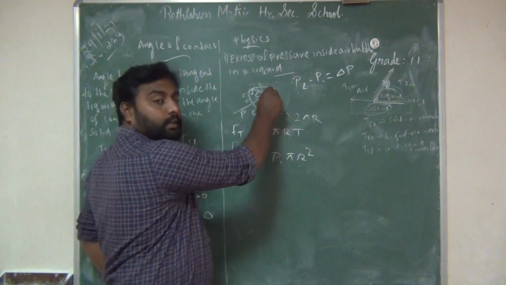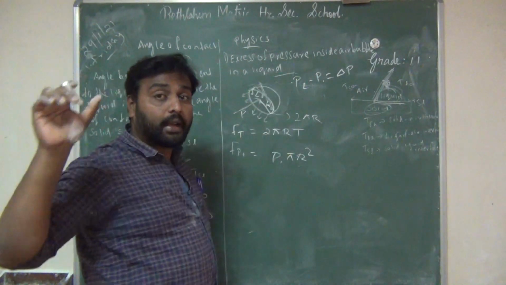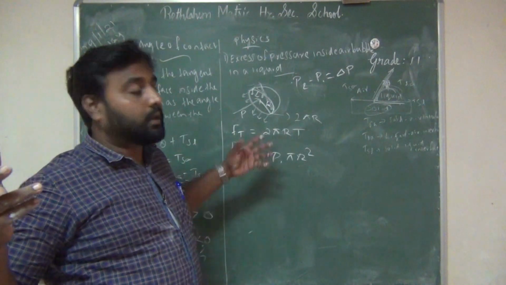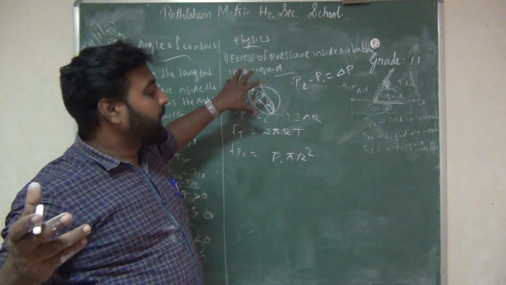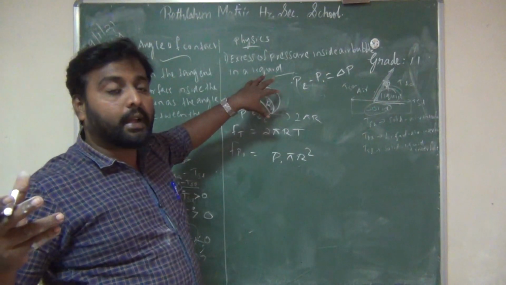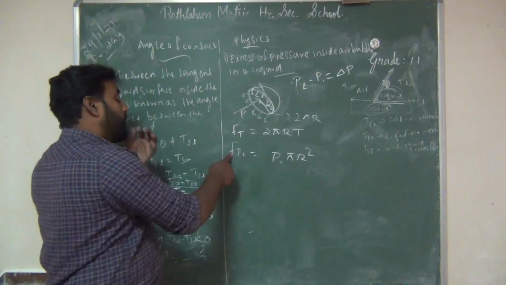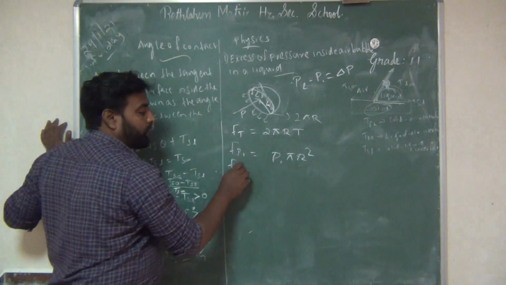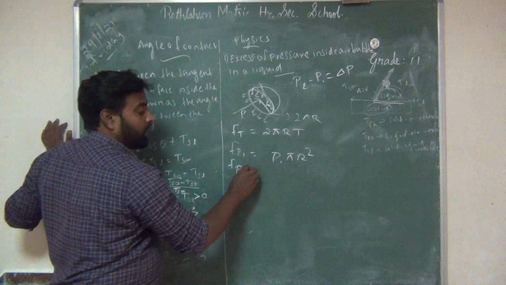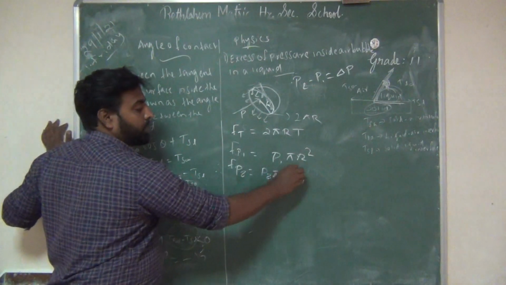So here some outside pressure is there, and that outside pressure is acting on this cross-sectional area. Area means pi r square. So the force acting on this cross-sectional area, Fp1, is P1 into pi r square. And the force Fp2 is equal to P2 into pi r square.